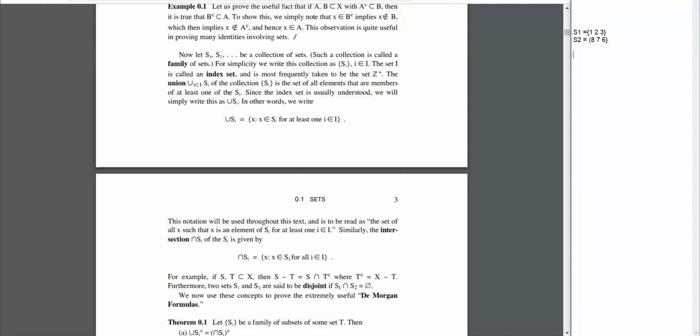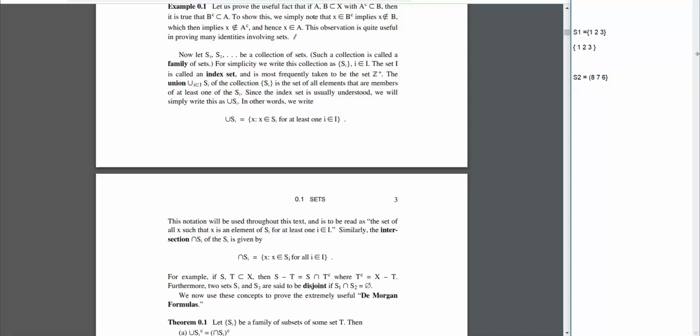Assuming we only have S1 for now, the union of S1, according to the definition, should be all of the elements of at least one of the S_i. So in this case, S1 union S1 would yield 1, 2, and 3.